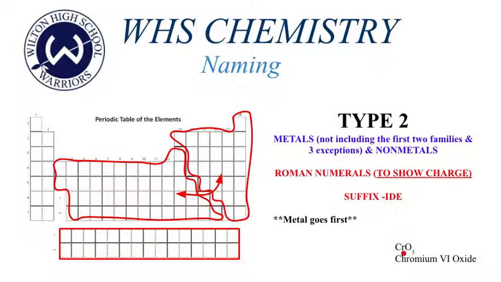So then chromium has to have a charge of +6 to make it neutral, and that's why we have the Roman numeral of 6 to show that the charge of chromium is +6. This Roman numeral is not showing the amount of chromiums. It's only showing the charge of chromium. So that's the key point for type 2.